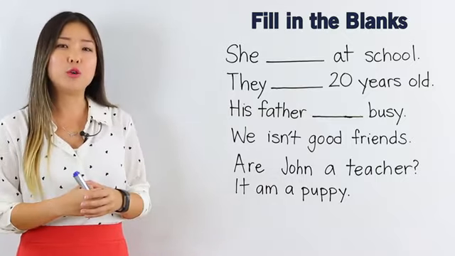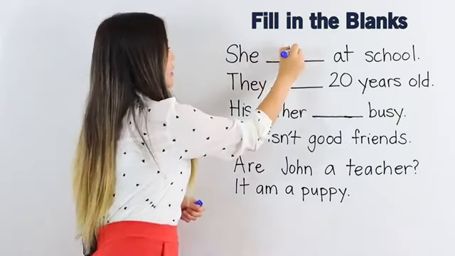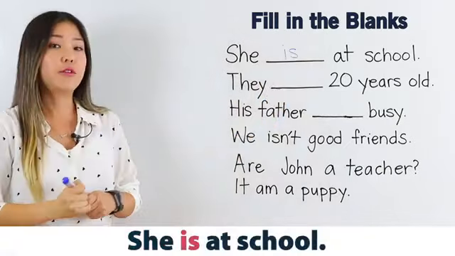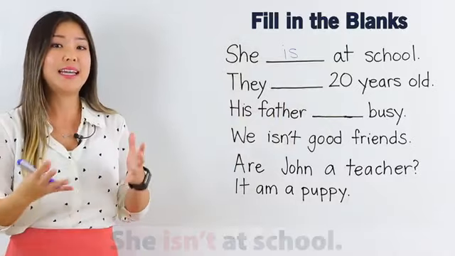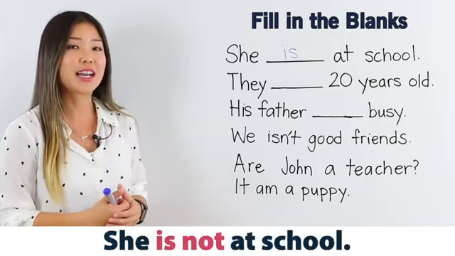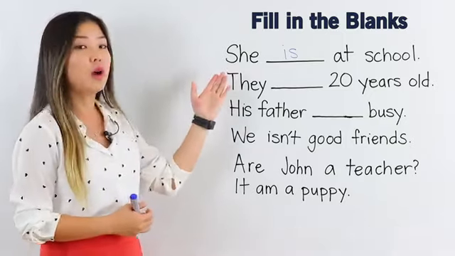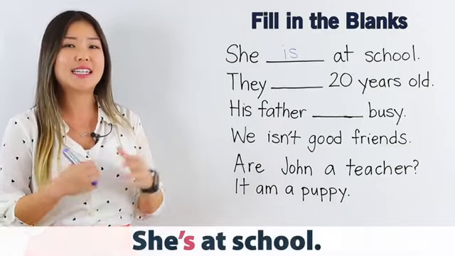What be verb do we use for she? The correct answer is is. Now, if you were thinking of the negative, the correct answer would be she isn't or she is not. That's correct as well. And if we want to use a contraction for she is, we can say she's at school.